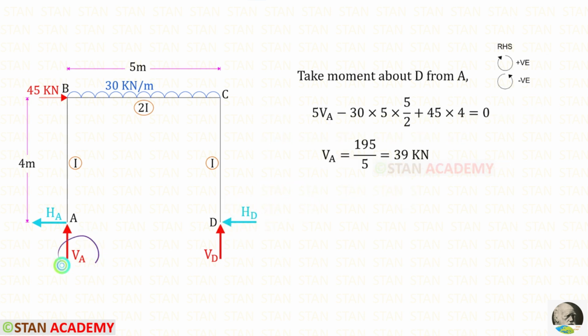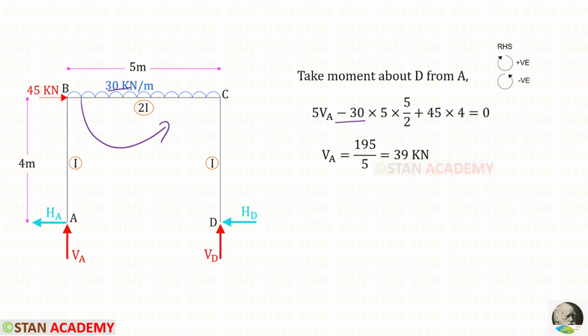To find VA, let us take moment about D. In this case, we have to follow the right hand side rule. VA is acting in the clockwise direction, so it will be positive, and the distance is 5. So 5 VA. The UDL is acting in the anticlockwise direction, so it will be negative.